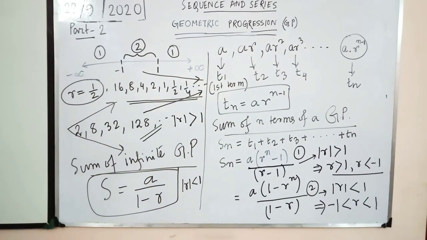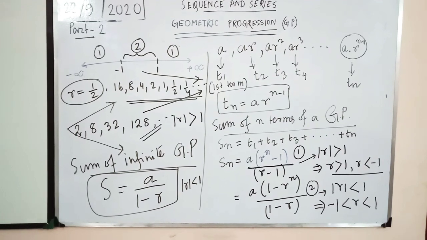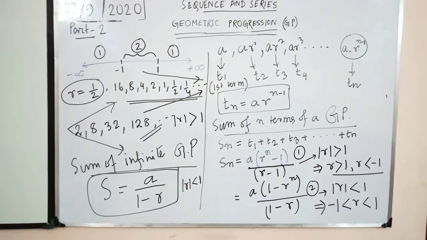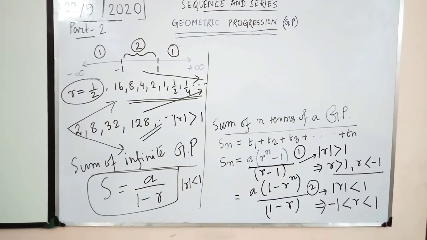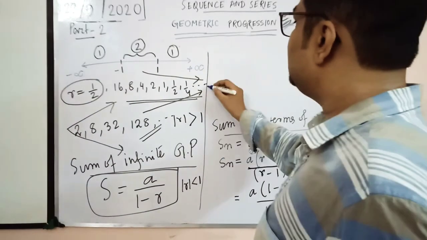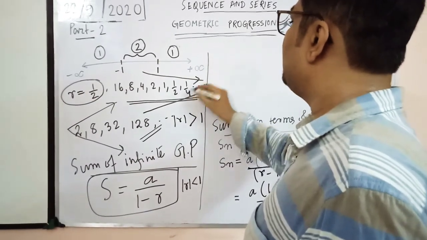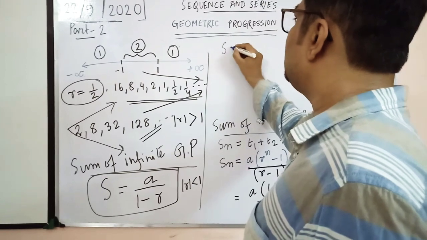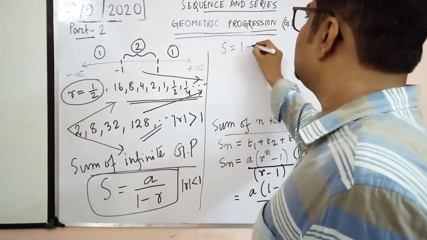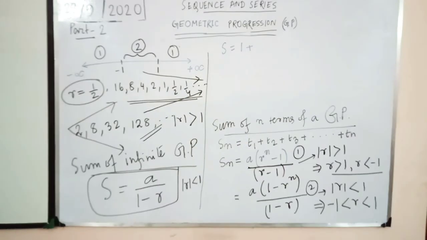Let us do a simple sum so that we can understand. Say we consider a part of this, with r equal to half.